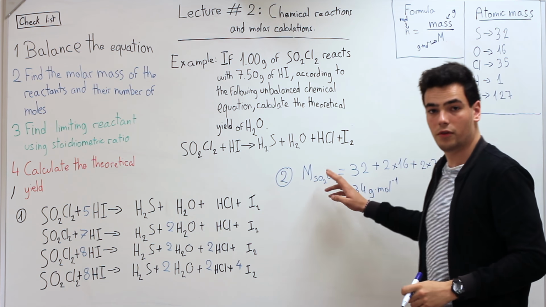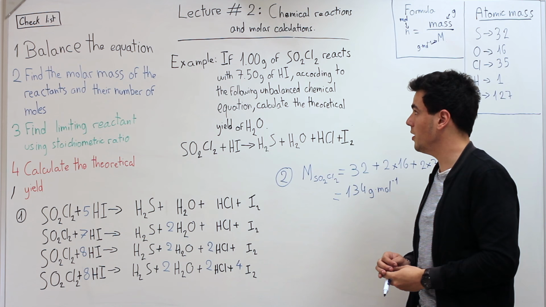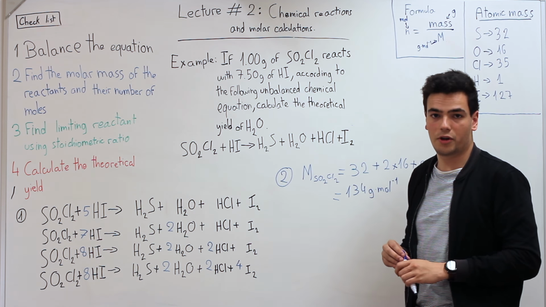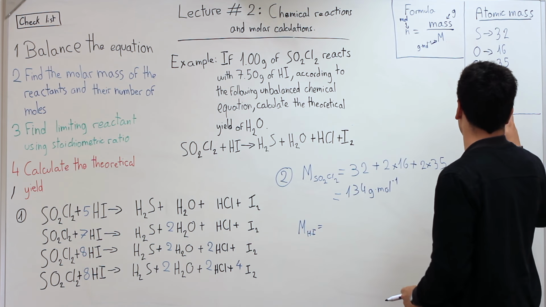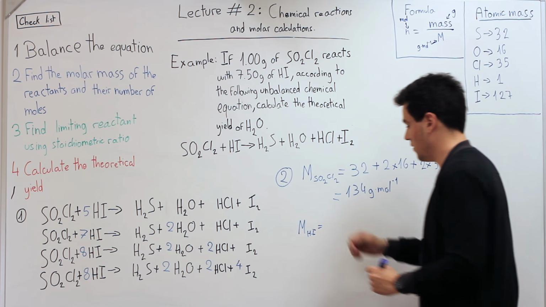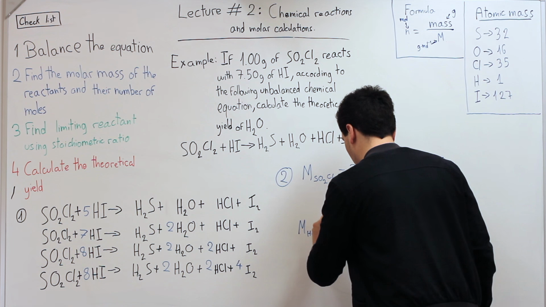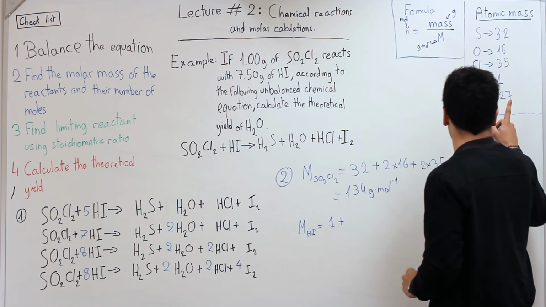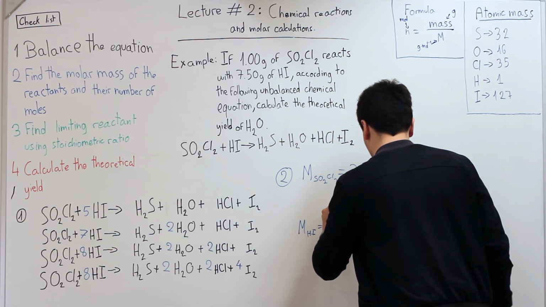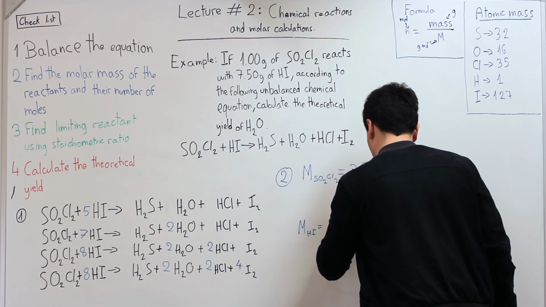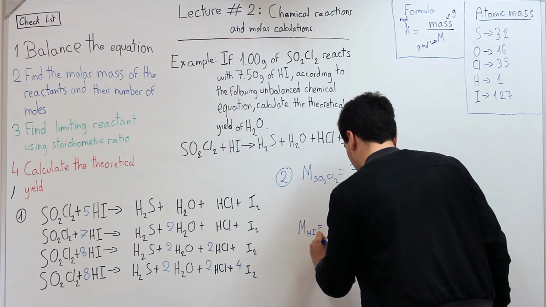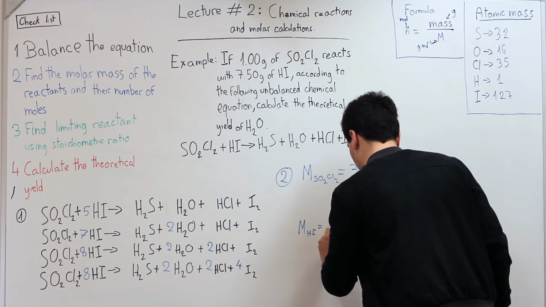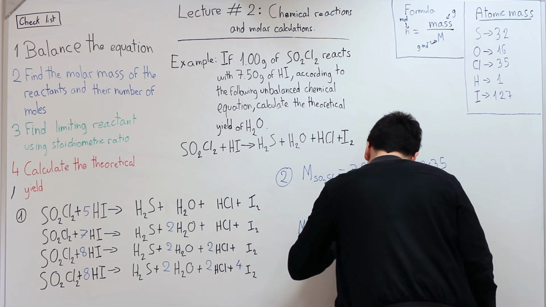Now that we have this molar mass, we're going to work out the molar mass of hydrogen iodide. Same process again. We're going to look at the number of hydrogen, as there's only 1. We're going to add 1 plus the one from iodine, which is 127, for a total of 128 grams per mole.